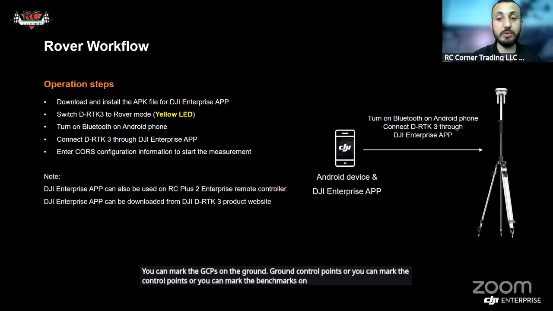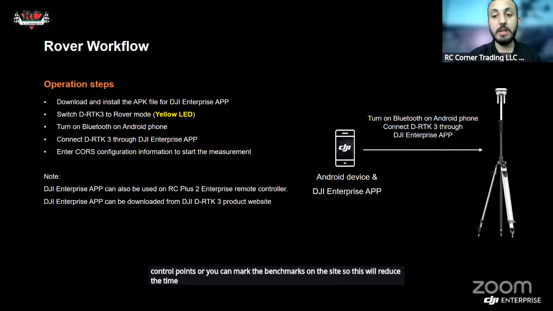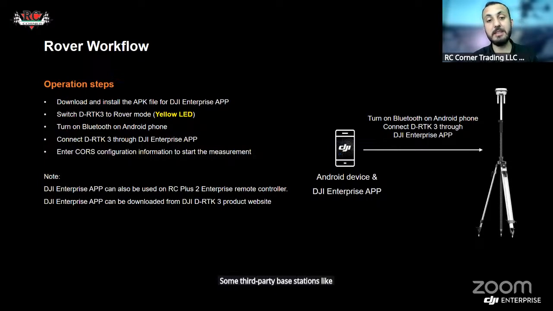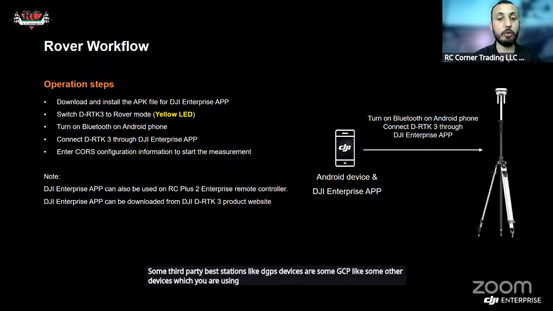So this will reduce the time, and it will also reduce the use of some third-party base stations like DGPS devices, or other devices which you are using for control point marking. Yeah, this will reduce the time for that.